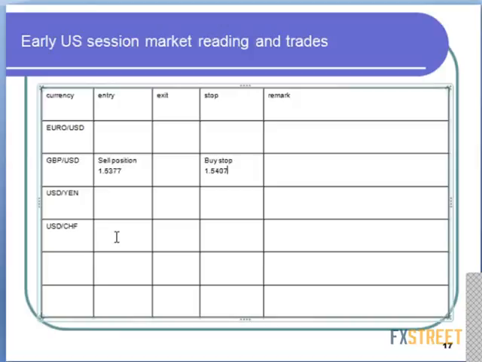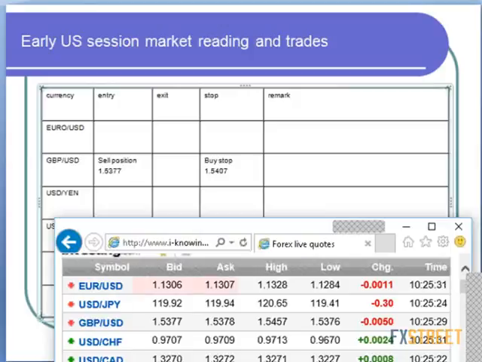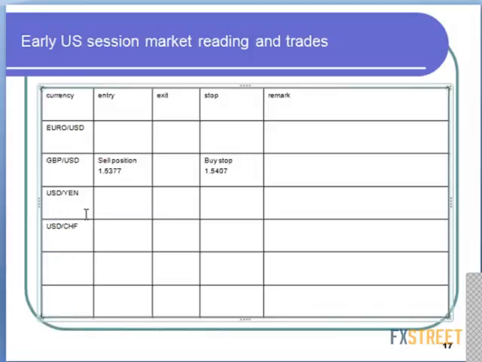Then USDN, we are avoiding it. And CHF, we will try to take a buy position. It is making a firm up, so we'll try to pick a buy limit order.